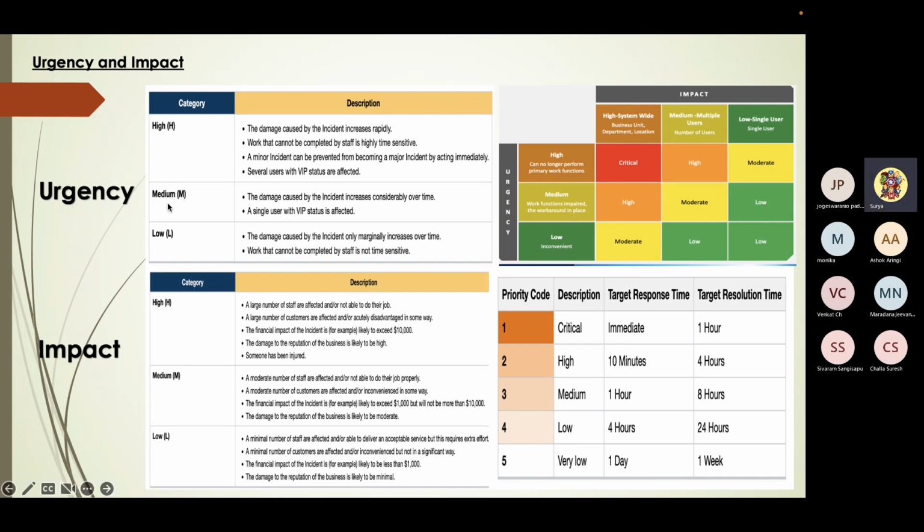And there are low urgency incidents where you can take 1 or 2 days also. I will give an example for a low priority incident. If you raise an incident for email notification, that you couldn't get the email notification, they will say within 48 hours you will get it.